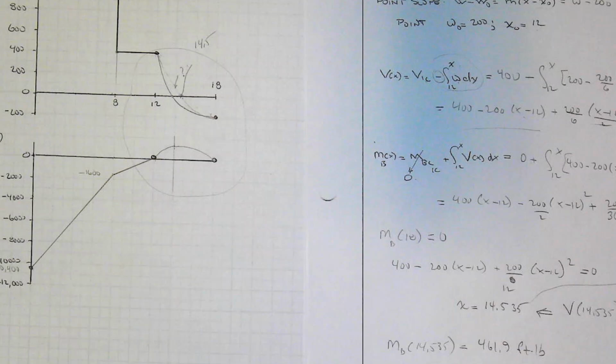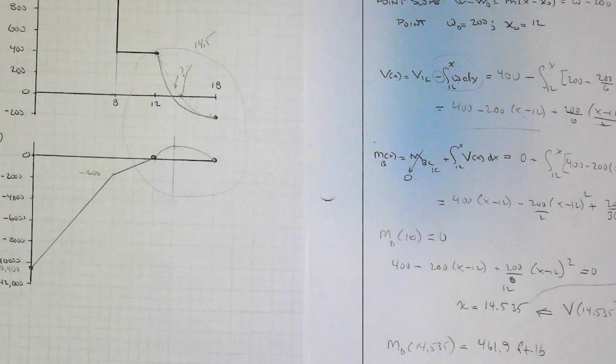And this is only valid here for x greater than 12. Okay. Well, once we have that, this is just this equation. So our initial condition was 400. Toss it in. Now the distributed load is going down. So that's what that negative is for.